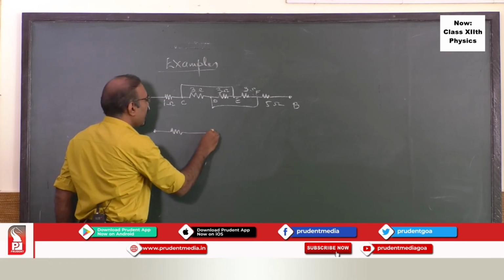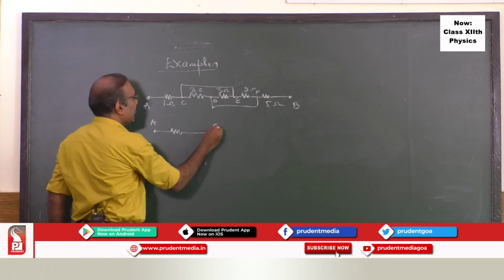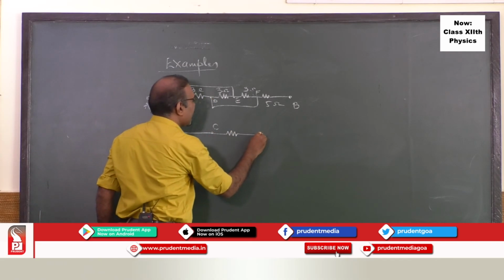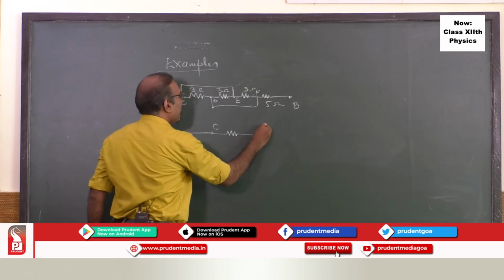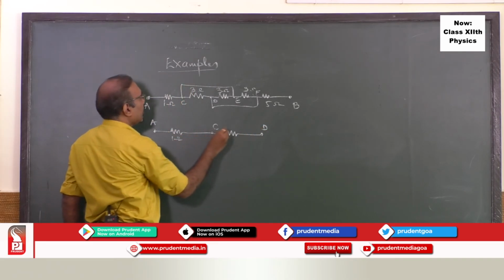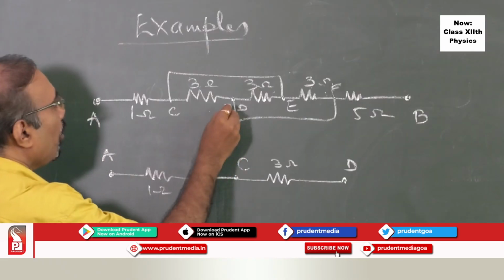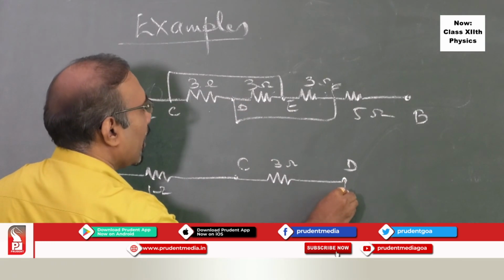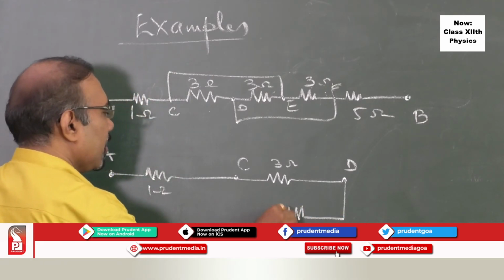From A to C, I have one resistance. From C to D, I have another resistance. This is 1 ohm. This is 3 ohm. From D to E, there is another resistance.